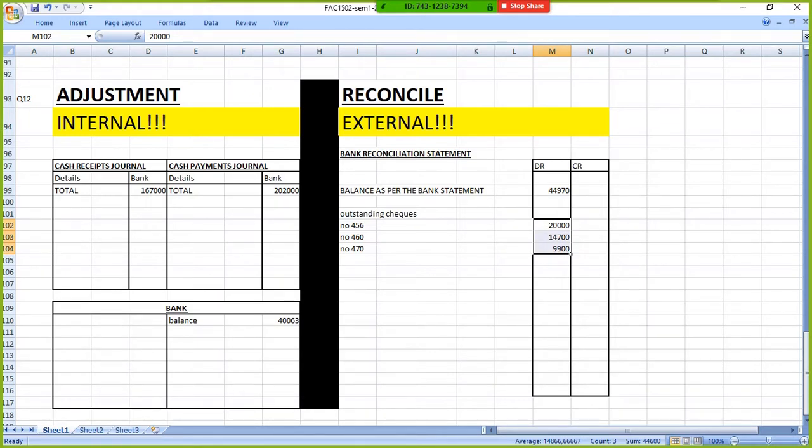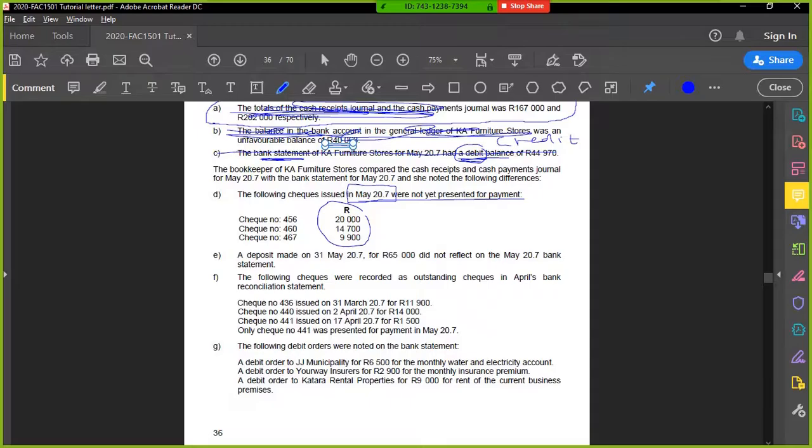Right, yes. So has this check gone off your bank statement? No, not yet. When it goes off, what's going to happen? It's going to be credited. It's going to be debited. Why would it be credited? You've issued the checks. Issued checks mean I've paid, right? When do you issue checks?